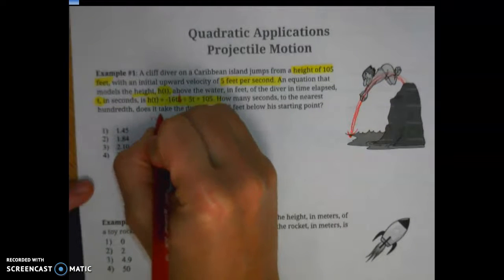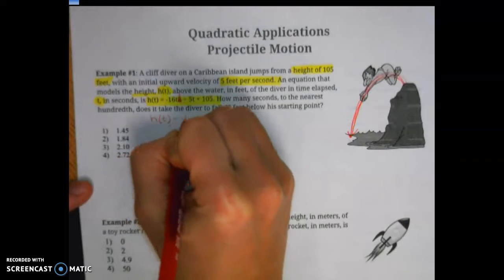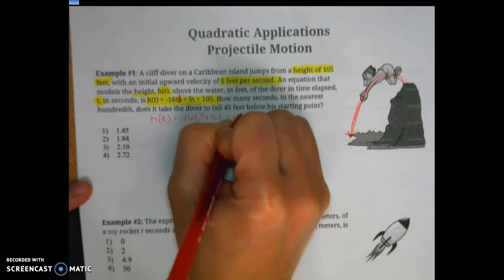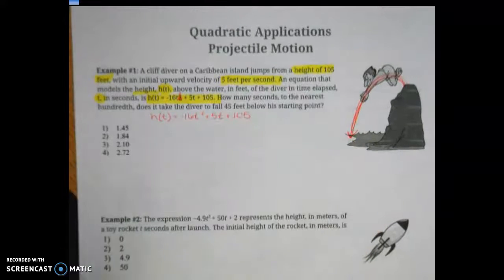So I'll rewrite that down here. H of t equals negative 16 t squared plus 5t plus 105. Okay, you should rewrite it also since we're going to be working with the equation.